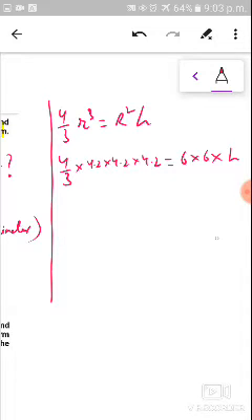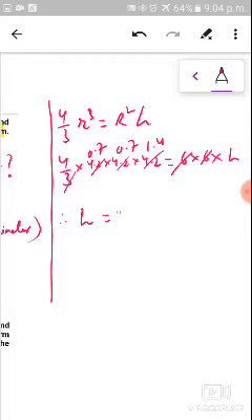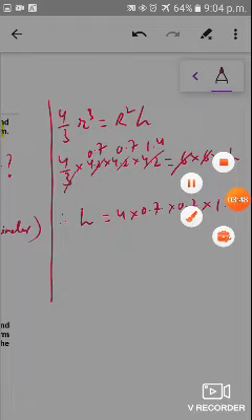To solve this one, 6 7s are 42, so this will be 0.7. 6 7s are 42, that is also 0.7. And we can cancel this 4.2 by 3, 3 1s are 3 and 3 4s are 12. So therefore h, the height of the cylinder, will be 4 multiplied by 0.7 multiplied by 0.7 multiplied by 1.4, right?